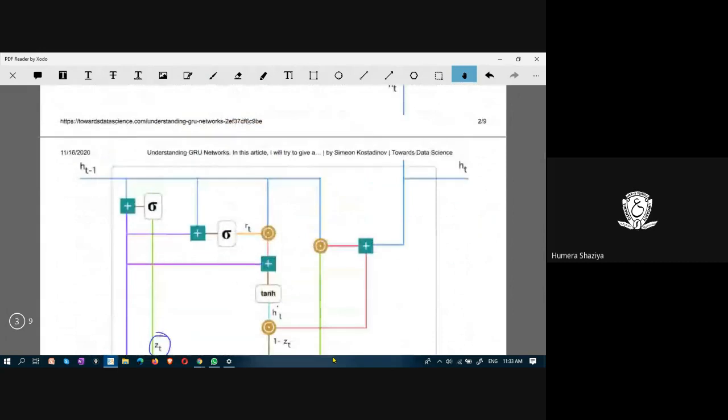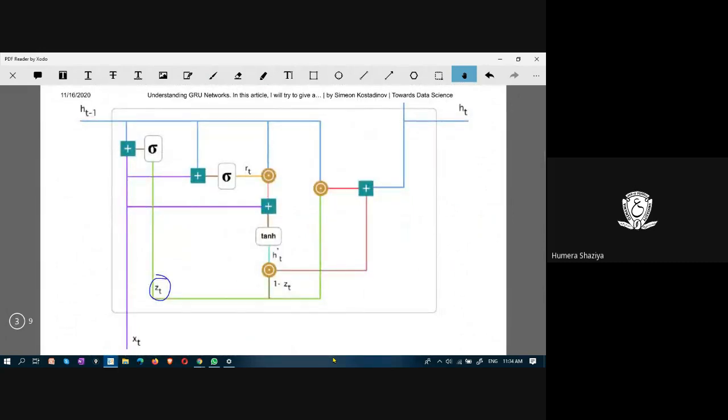Once try to understand from here only. This HT minus 1, T denotes time, HT minus 1 denotes the output of the previous unit, HT is the output of the present unit, and here you have update, here you have reset, here you have HT dash, and here you are getting HT.